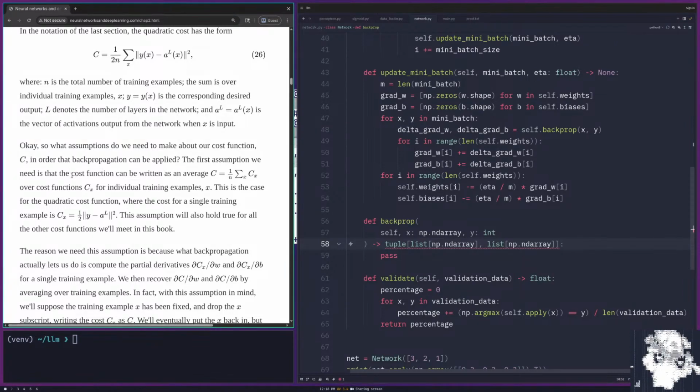The assumption is that the cost function can be written as an average over cost functions for individual training examples. And this is the case for the quadratic cost function. What would it not be the case for? How could the cost function not be an average of costs for individual examples?